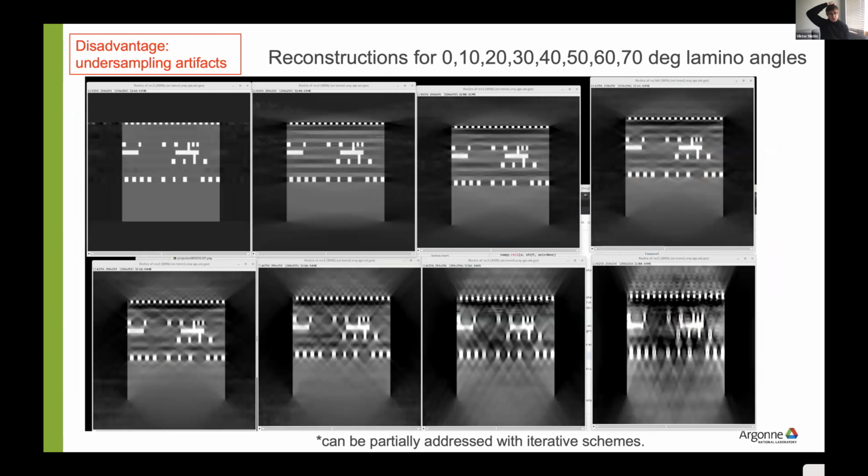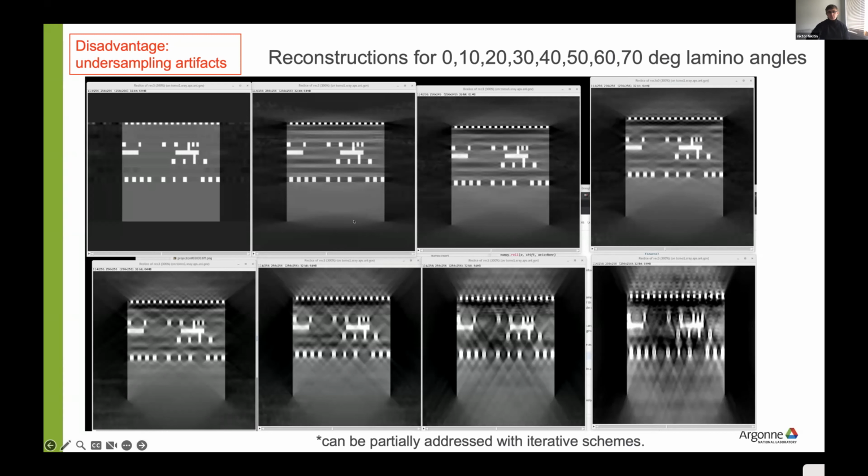One disadvantage is that we start to have undersampling artifacts. Here I show some synthetic data examples when we do reconstruction for different laminography tilt angles. This is a vertical slice of a sample. If we have laminography angle 0, this means that we do regular tomography, so we don't have artifacts. If we do laminography angle 10 degrees, we start to see artifacts like this.